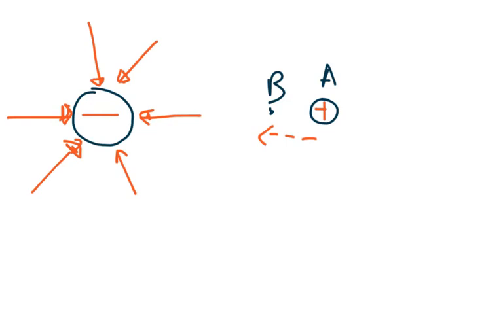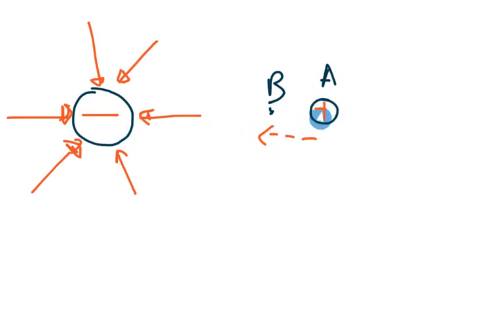So the first step is to see what will happen in nature, right? There are two different charges, so they will attract each other, right? So from nature, this should go right here.